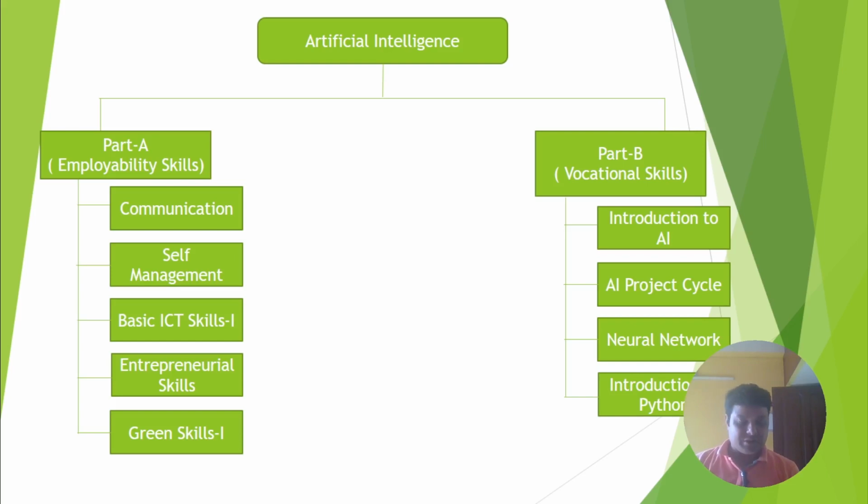We have discussed the artificial intelligence syllabus, class 9, under the CBSE new syllabus 24-25. In an earlier video we discussed Part A, employability skills, and the next one is communication. We have started from this session under communication.